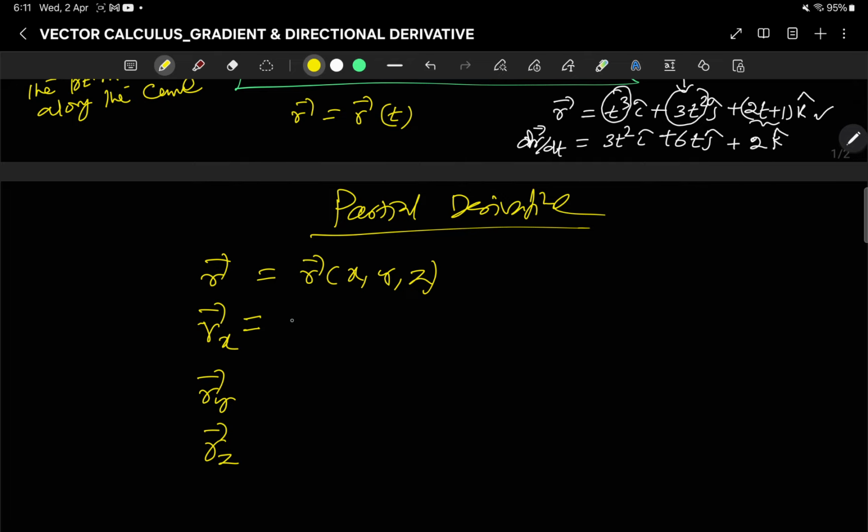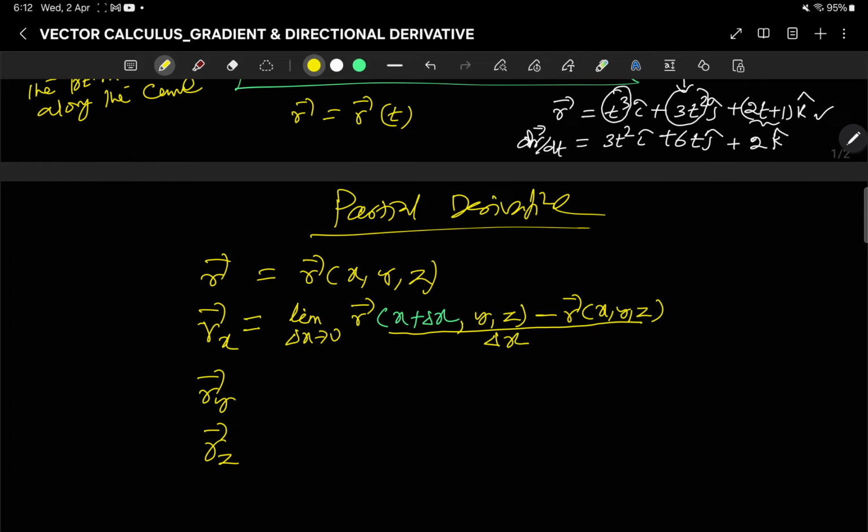We can write limit del x tends to 0, r of (x plus del x, y, z) minus r(x, y, z) divided by del x. So here the changes are in x.